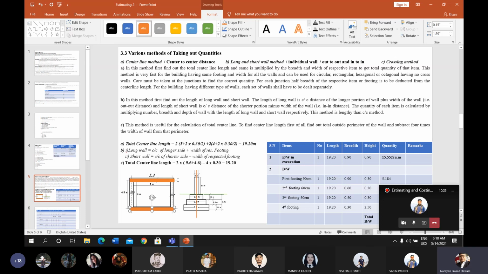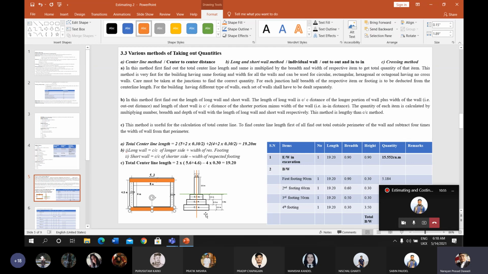For each and every footing width, the respective width of the wall is added to the length of the center line. For the length of the long wall, and subtracted from the center to center distance of the shorter wall, you will get the value of the length of the short wall.